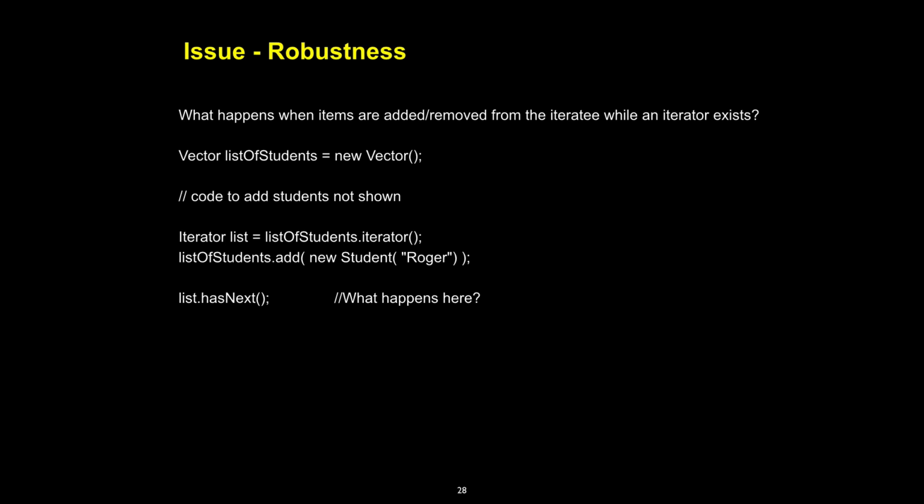Why? Because there's always tricky situations where if I delete it where I'm currently at, where should I be? If I add something, should that be there or not? What happens if I add something right here? Should the iterator know about that? Should it backtrack and add it or not?